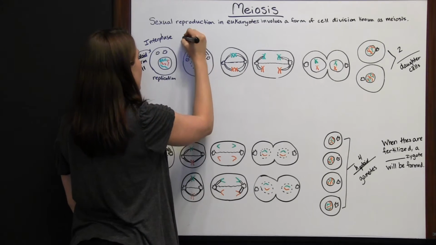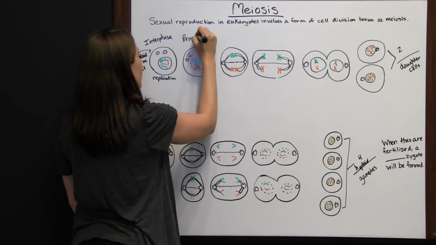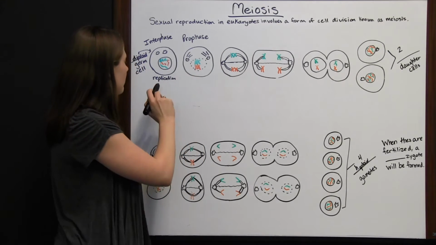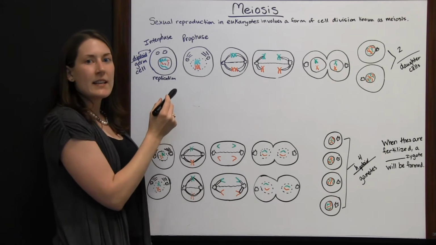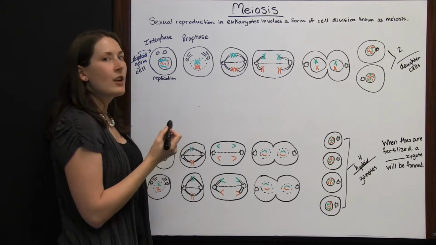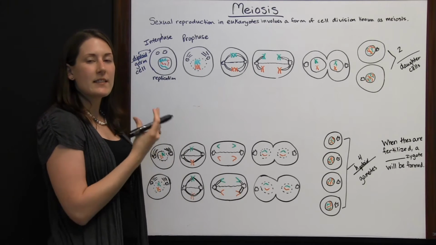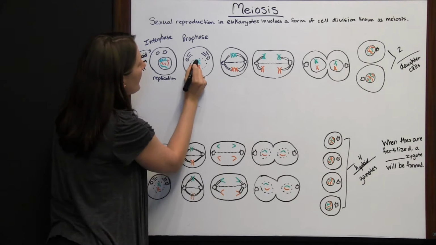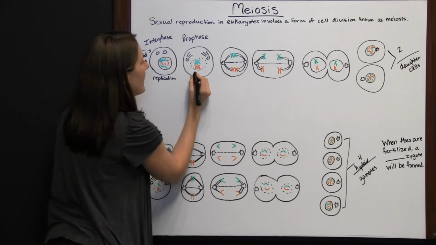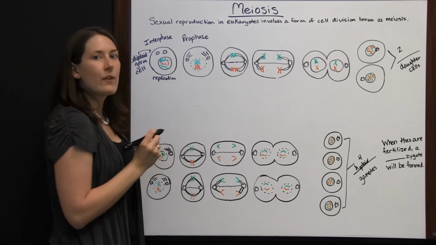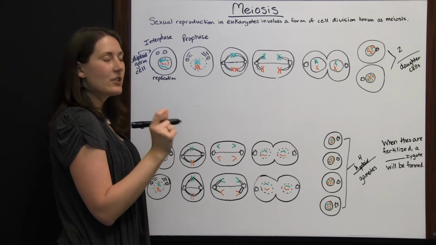In the next phase, we have prophase, and the replicated genetic material is going to line up in homologous pairs, which means that each one is the same genetic material. It's an exact copy, and they're going to cross over a little bit at these points here, and where those cross over, they kind of swap a little bit of genetic material.